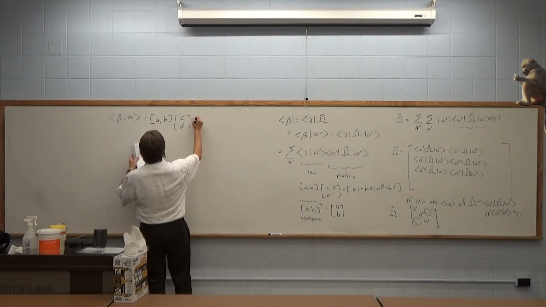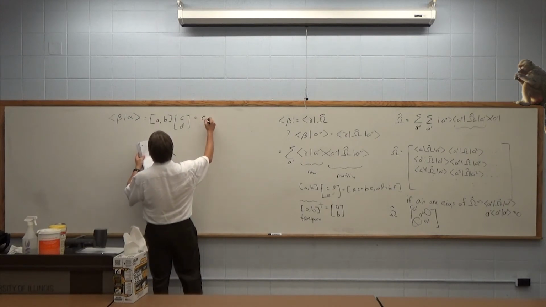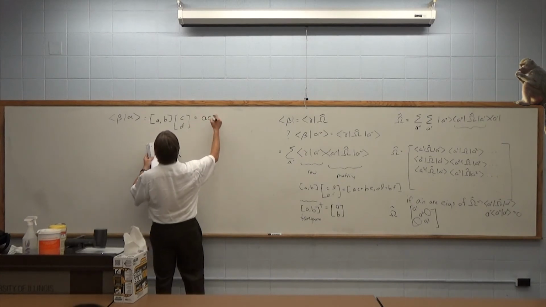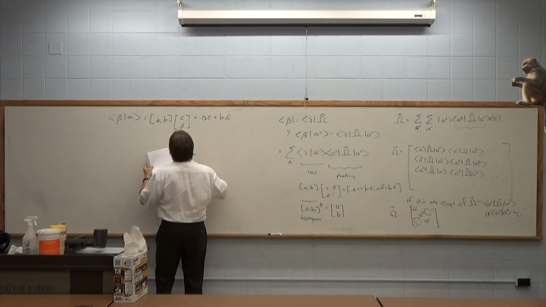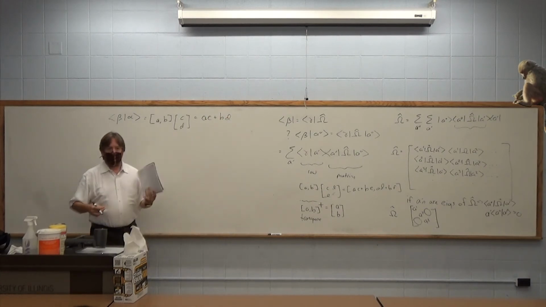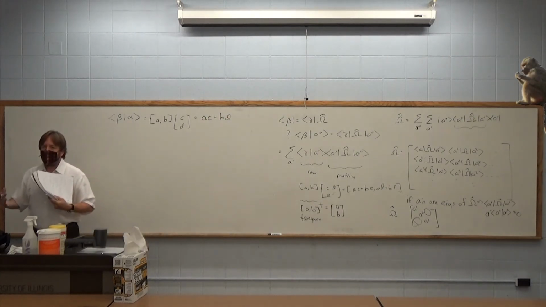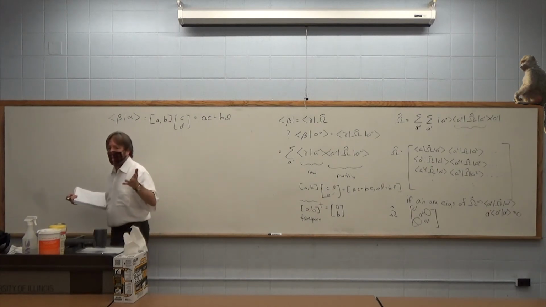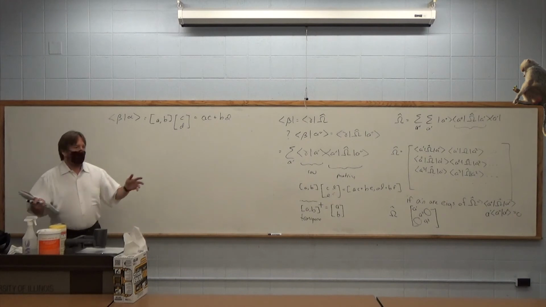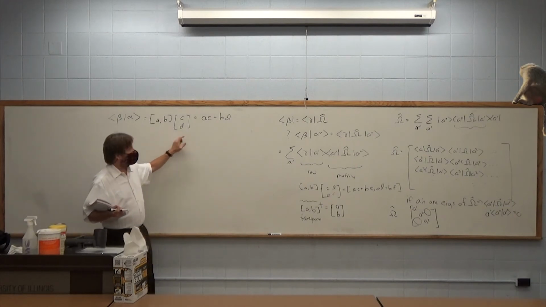Now, the reason I'm saying that this is generally what you're trying to do with quantum mechanics, AC plus BD, is that the end result is a number. Like whenever you learn matrices in 7th or 8th grade, this is what you learn to do with this stuff. The result is a number.